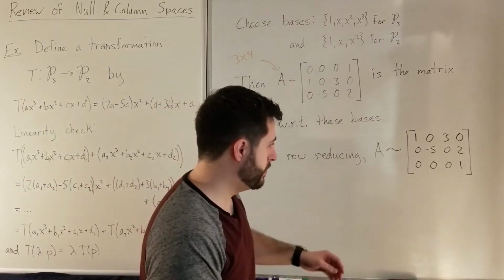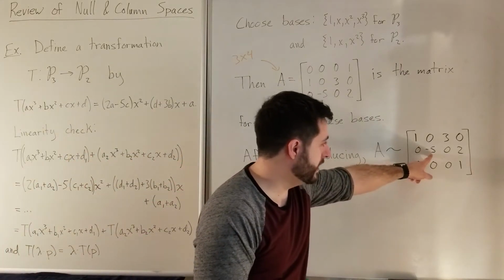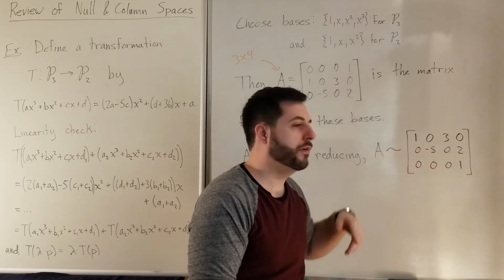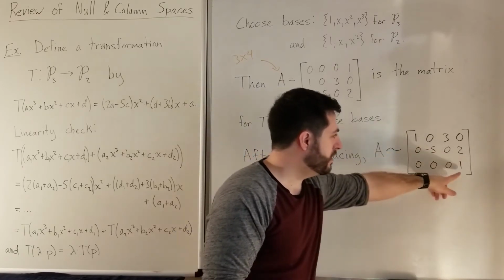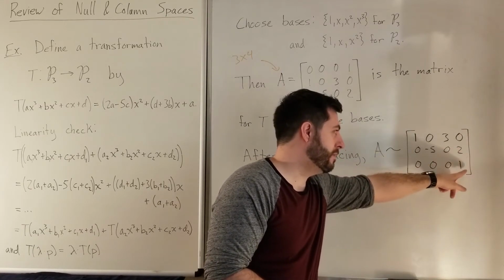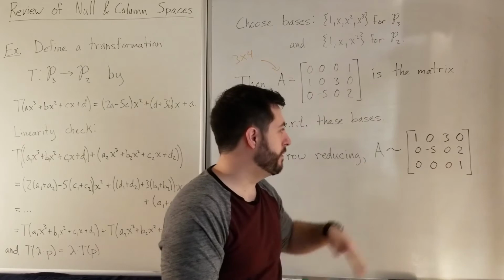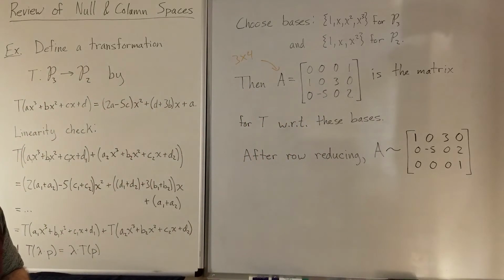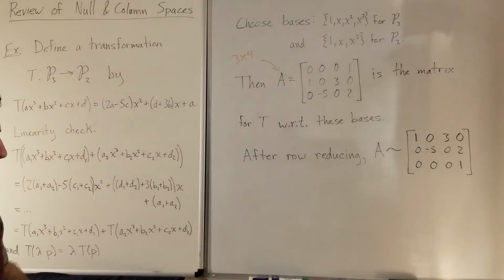So by reduced row echelon form, I mean we could make this negative 5 equal to a 1 by dividing the second row by negative 5. We could also zero out this 2 by doing this row minus 2 times the last row and replacing that in the second row's position. We don't need to do either of those things. We just need some echelon form. We don't need it to be reduced. So we're going to leave it like this.